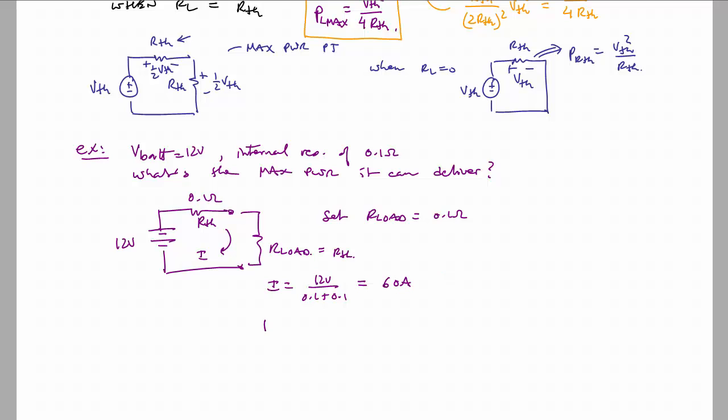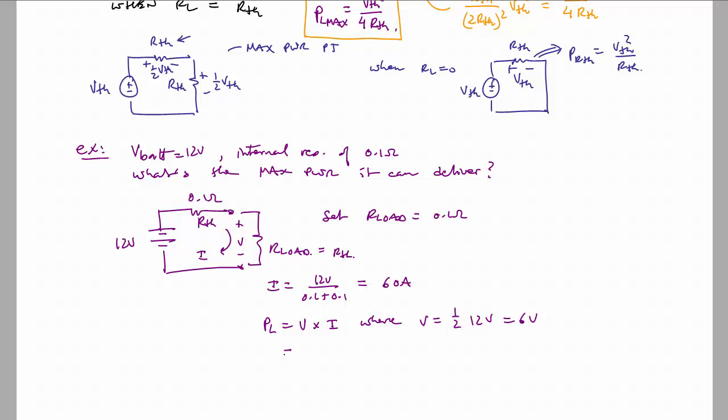And then P to the load is going to be equal to V times I, right? And V is just the voltage division of 12 volts, and because the two resistors are equal valued, V is just going to be 1/2 of the 12 volts, or 6 volts.